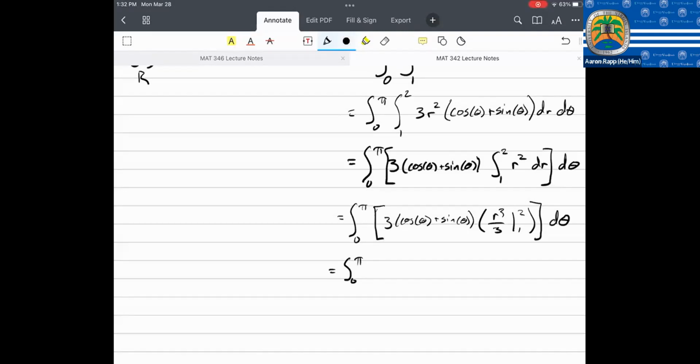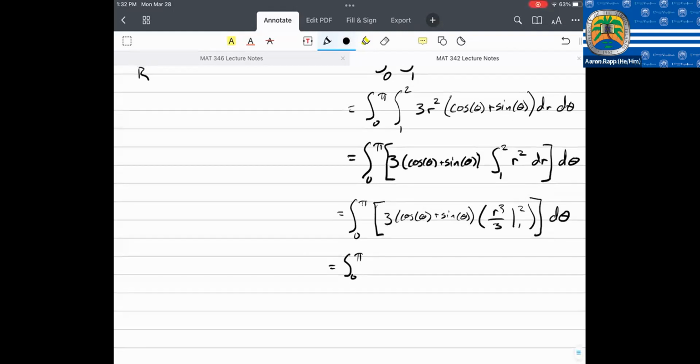Maybe if I had just portrayed a little bit more foresight, I wouldn't have pulled that constant 3 multiple out. Plus it has a 3r squared inside an integrand. And the antiderivative of 3r squared is just going to be r cubed. Same effect that we're going to have right now by distributing that 3 back through, but just some things to be looking out for. Okay, this is cosine of theta plus sine of theta times, now r cubed evaluated from 1 to 2.